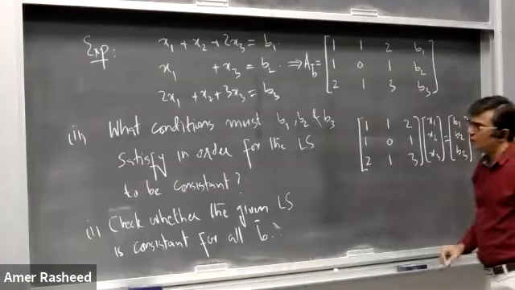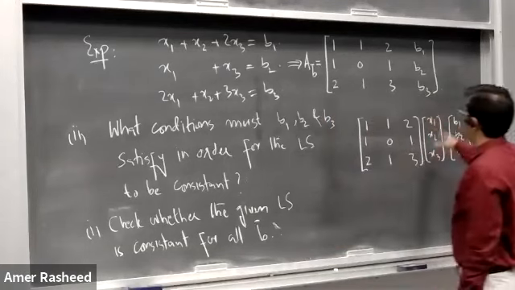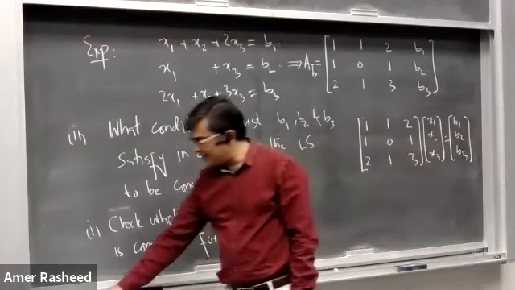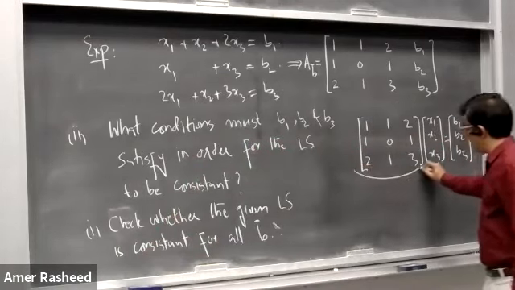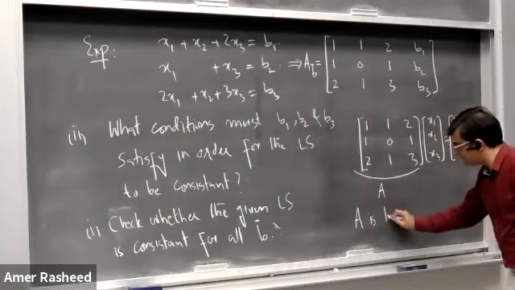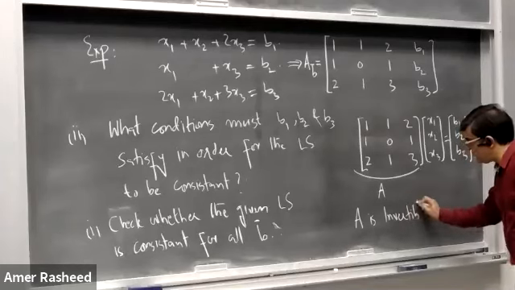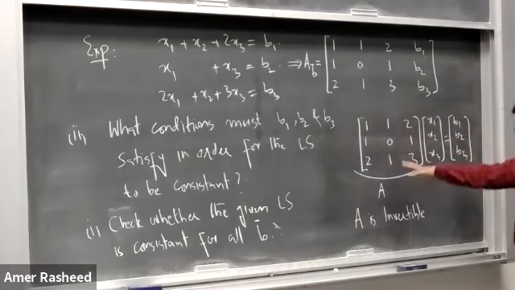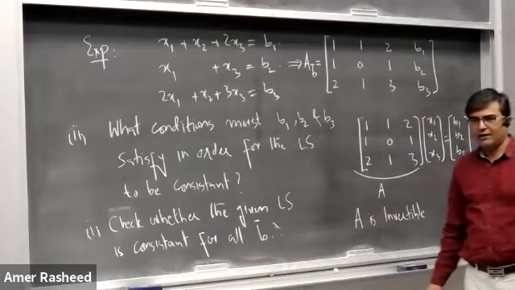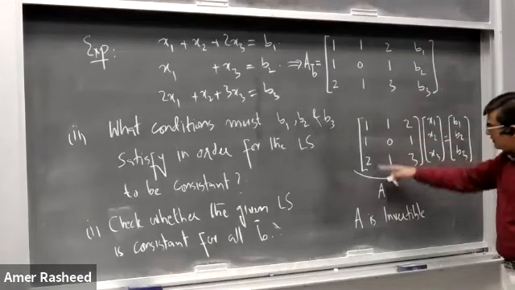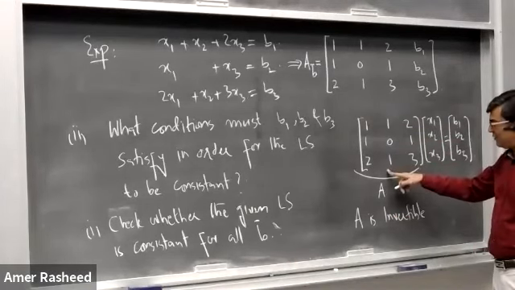Now, I'm asking you whether this linear system is consistent or not. You only check whether this coefficient matrix A is invertible. You check only this in order to check whether the system is consistent, meaning if it has a solution or not. Now, can you guys check whether this is invertible or not?